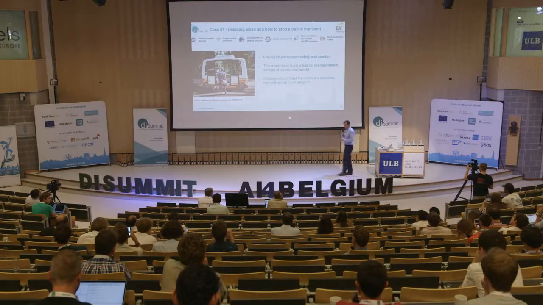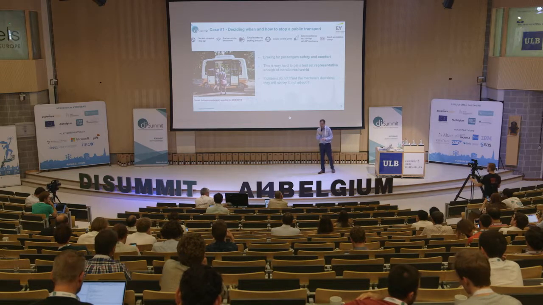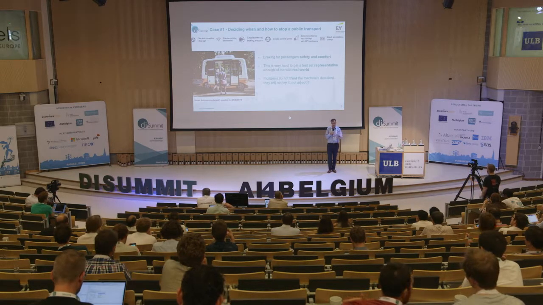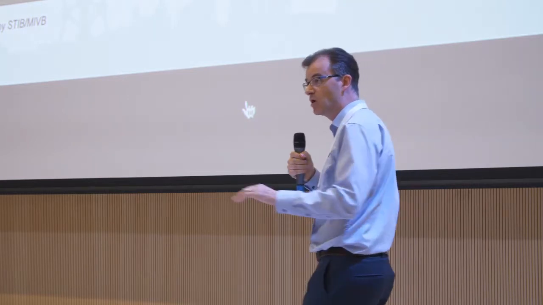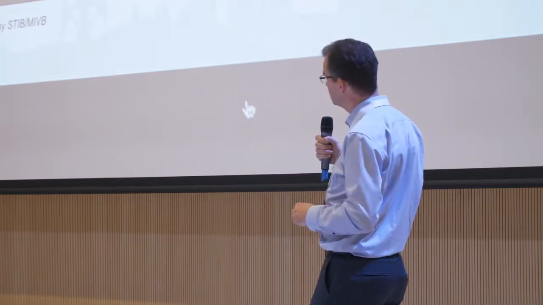Why? Because in comparison with an autonomous car, moving people from point A to point B is a more challenging problem. It's for the safety of the people in the bus, possibly standing up. So braking slowly matters a lot, and also the comfort. So as an AI system, how will I care about the comfort of the passengers? That is a very important preoccupation for the STIB.